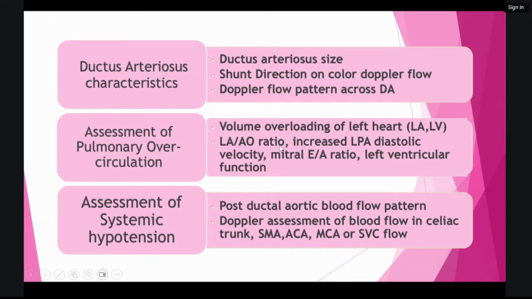LA by AO ratio, which will be discussed in the subsequent slides. Increased LPA diastolic velocity, mitral EA ratio, and left ventricular function. And then is the assessment of systemic hypotension, which is by the postductal aortic blood flow pattern and by the Doppler assessment of the blood flow in various arteries of the abdomen, brain, as well as the descending aorta.